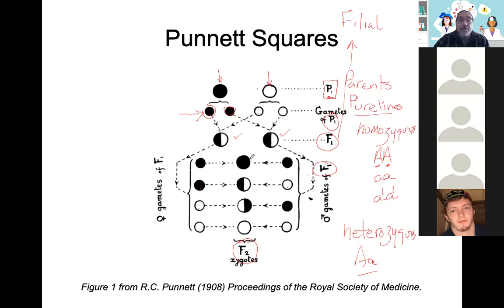And of course, these individuals are now, what do we call that? What do we call an individual that has genes from each of their parents? They have 2 copies. I'll give you a clue.